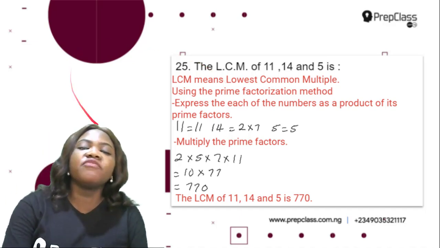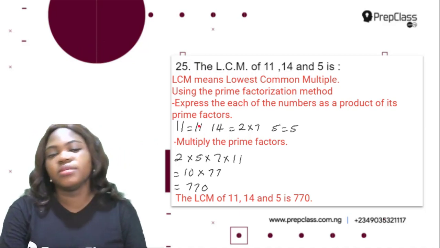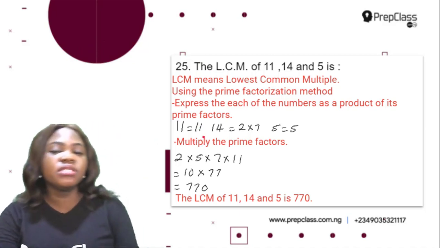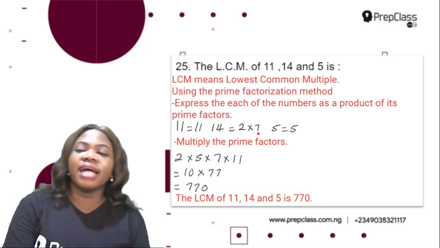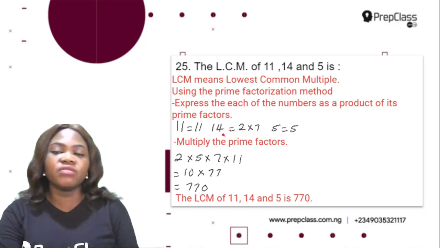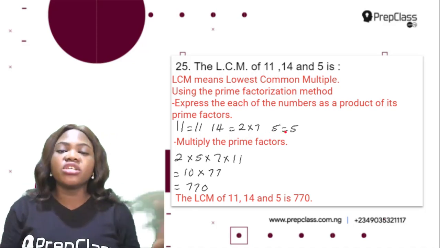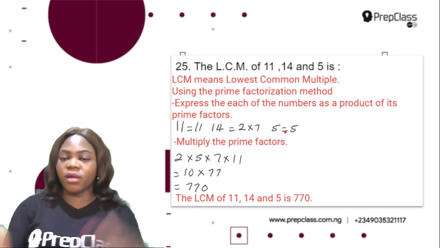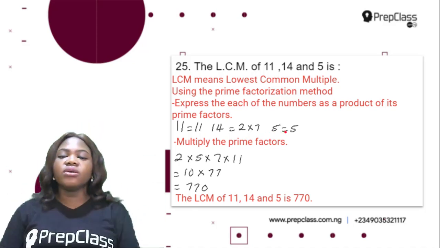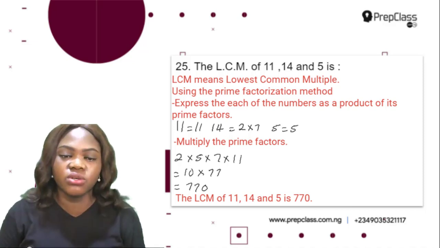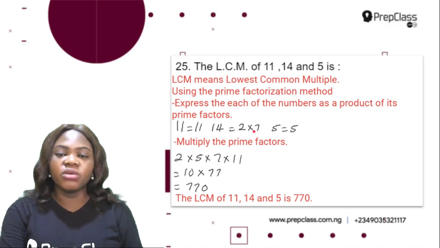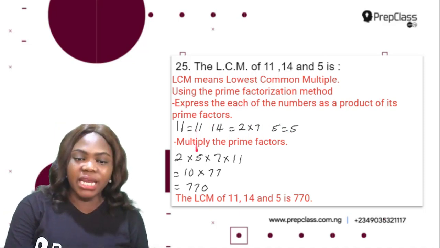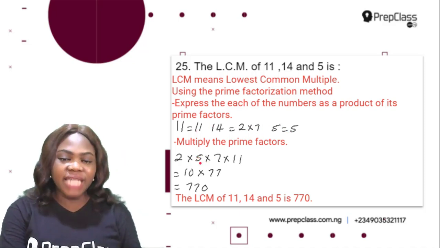Okay, so 11 is a prime number. So it's only divisible by 11 and 1. The prime factors of 14 are 2 and 7. So 2 multiplied by 7 is 14. Then 5 is also a prime number. So we write the prime factor as just 5. Okay, so now we multiply the prime factors. So we have 2 multiplied by 5, multiplied by 7, multiplied by 11. 2 times 5 is 10.